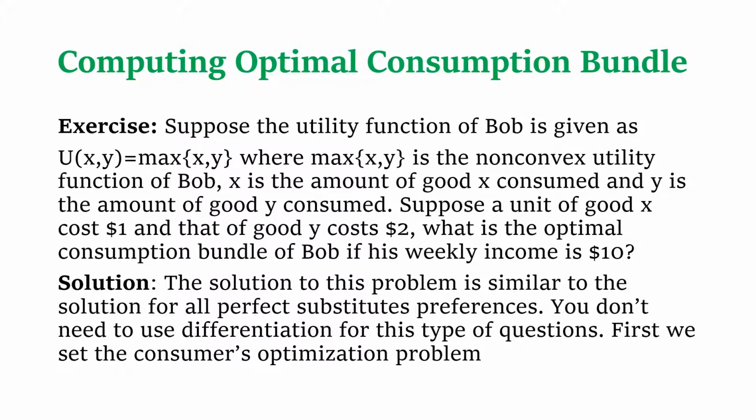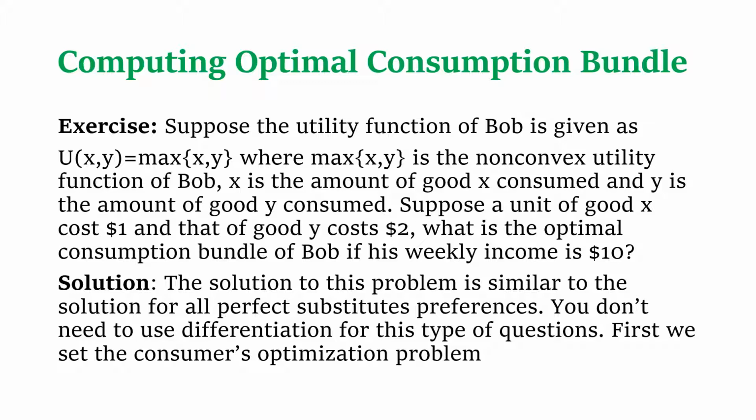If, for example, the marginal utility derived from good Y is lower than the marginal utility derived from good X. So if the utility derived from Y is greater than the utility derived from X, then the consumer is going to spend all his income on good Y, because the marginal utility there is higher.